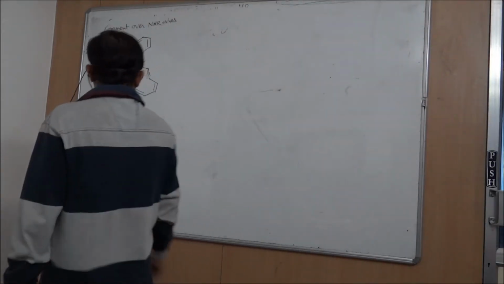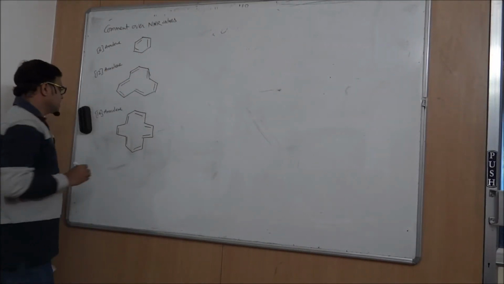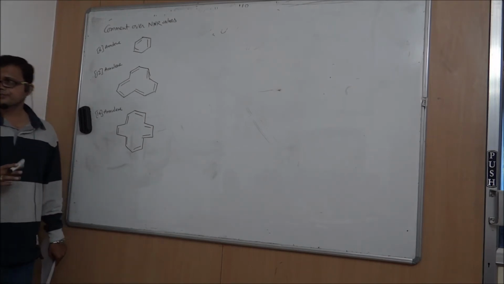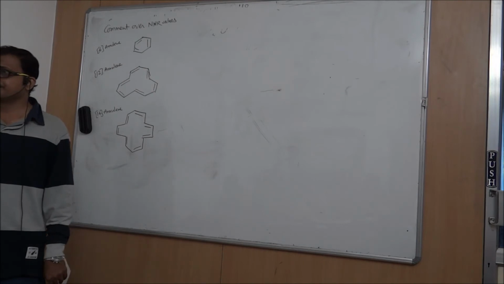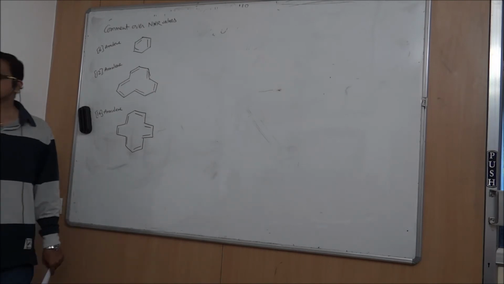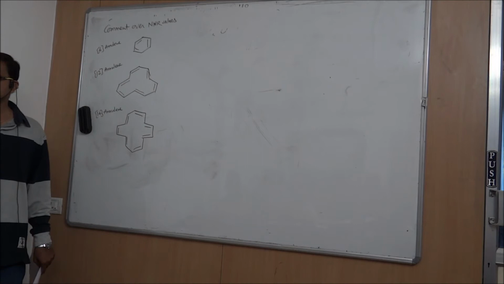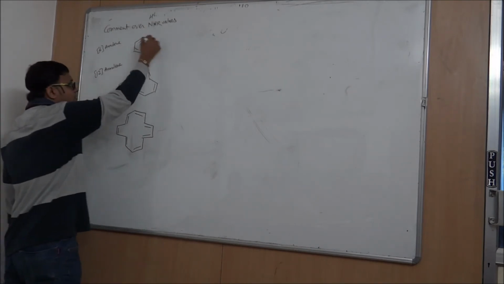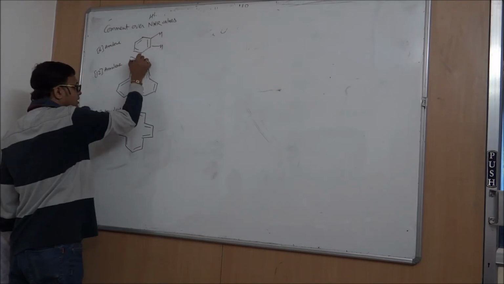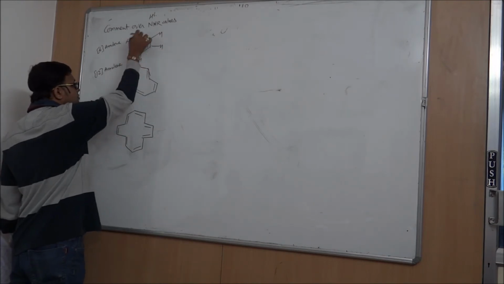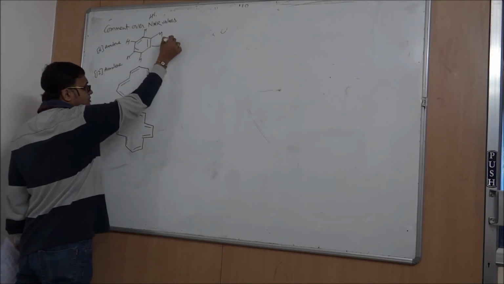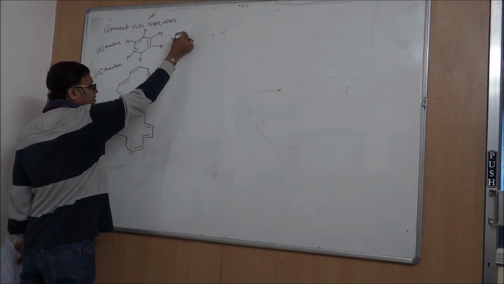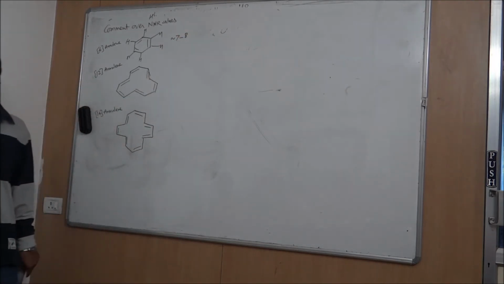Comment on the NMR values of compounds 1, 2 and 3, that is 6 annulene, 12 annulene and 14 annulene. Any guess? So what about benzene H1 NMR values? What is the approximate value for aromatic hydrogen? 6 to 7. Yes, it is approximately 7.2 or 7.3. I will say 6 to 8 or 7 to 8 ppm delta values.